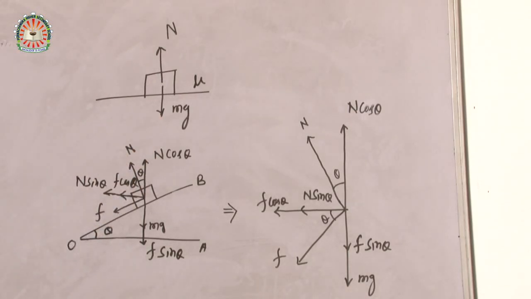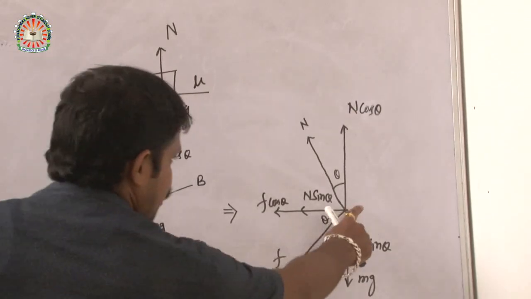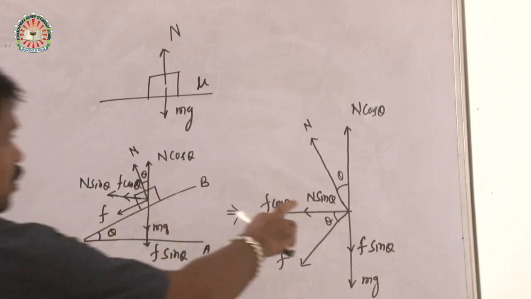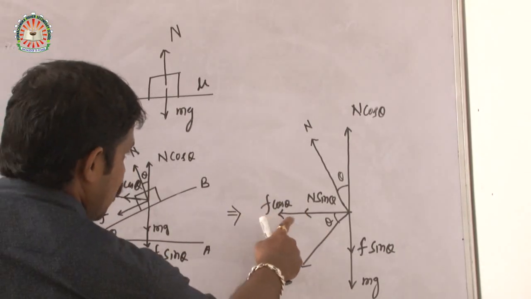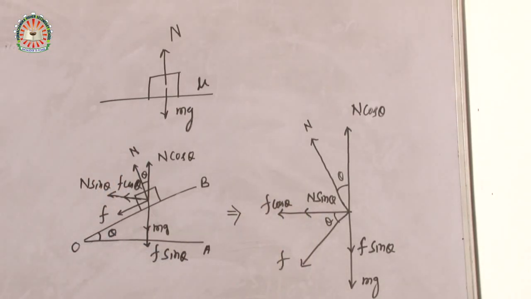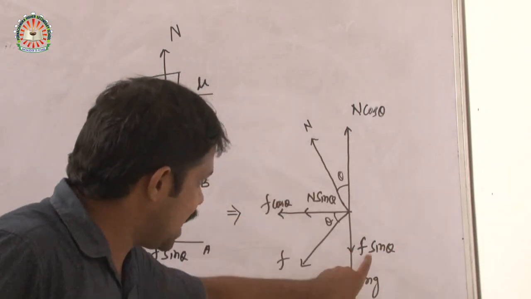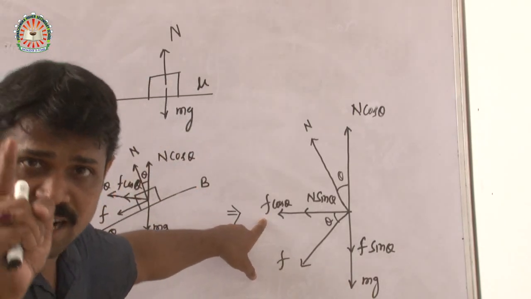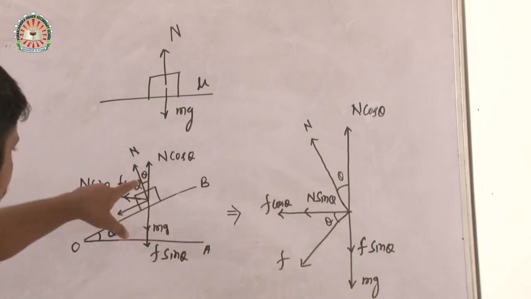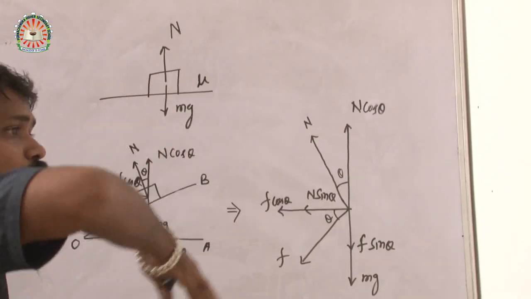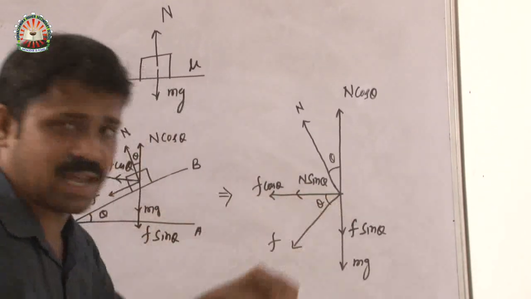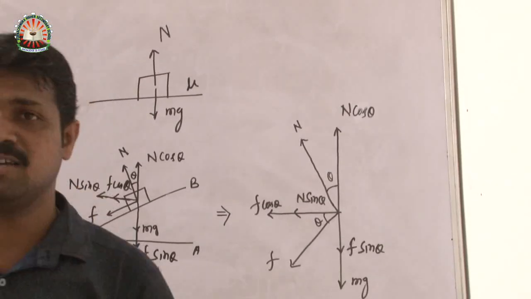And the necessary centripetal force, again I'll repeat, is provided by f cos theta and n sin theta. The necessary centripetal force helps the object to move in a circular motion on a banked road.